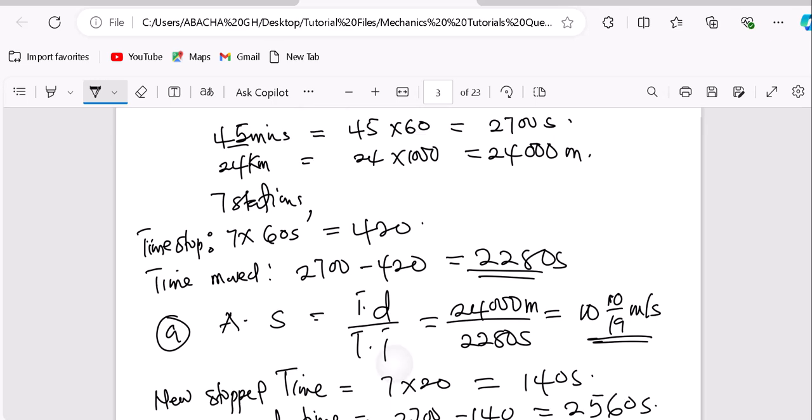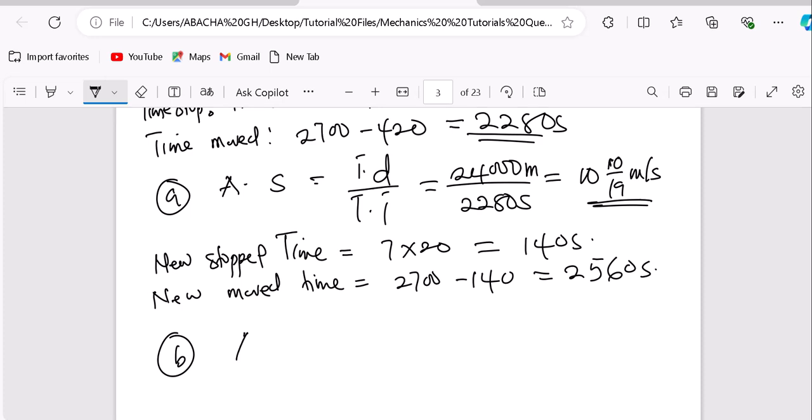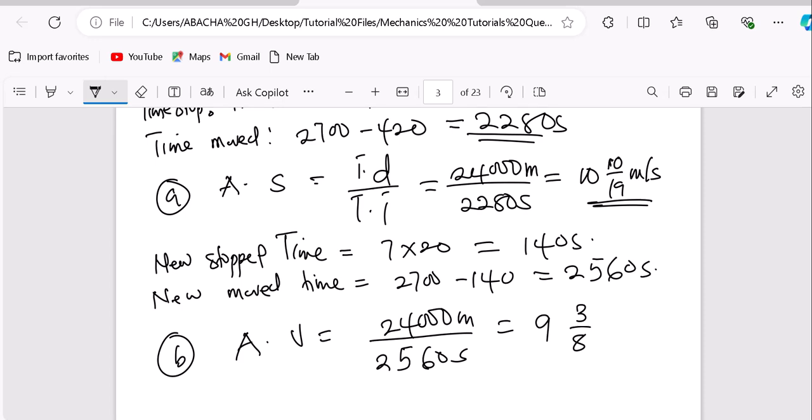So we can then calculate the average speed: 24000 for the total journey distance, over the time, 2560 seconds. This is in meters, and so we get about 9 meters per second. So this is the new average speed after the stop time is reduced to just 20 seconds.